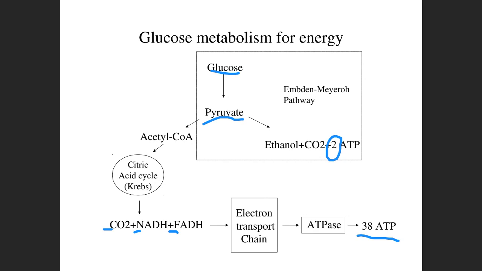So this is a good time to pause and think about glucose utilization. If you are given a choice of one molecule of glucose, what would you do? Do you want to use the glycolysis pathway to generate 2 ATP, or do you want to follow this complex pathway but generate 38 ATP?